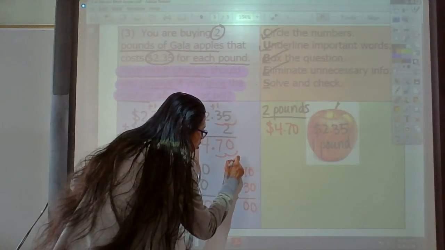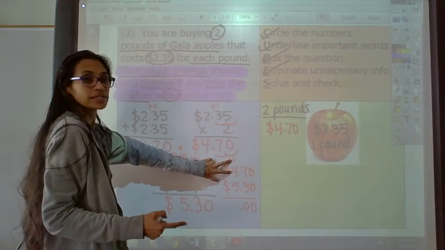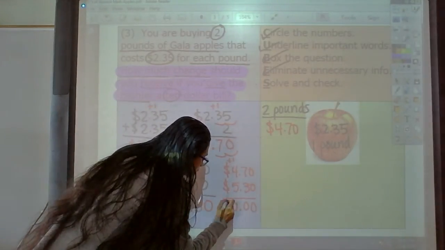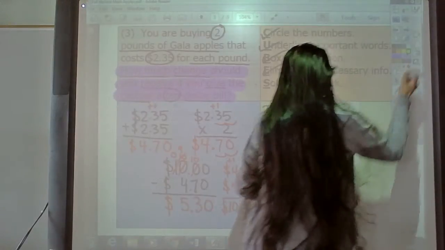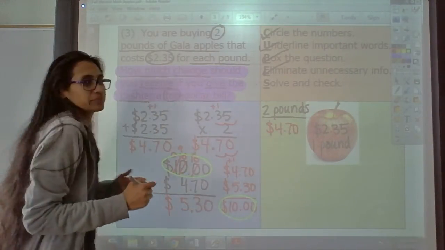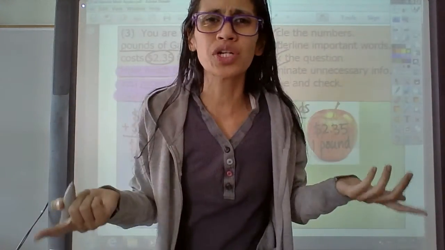Write the 0 plus 1 up top. Bring that decimal down. 1 plus 4 is 5. Plus 5 is 10. Bam! Check it out. Look, $10. So now you know you're right. I'm right. You're right. We're so smart.